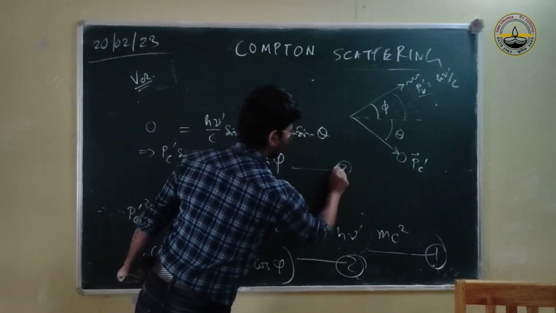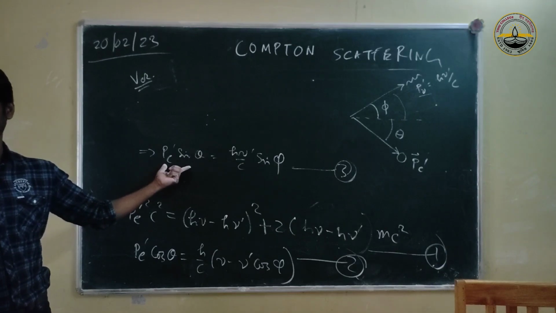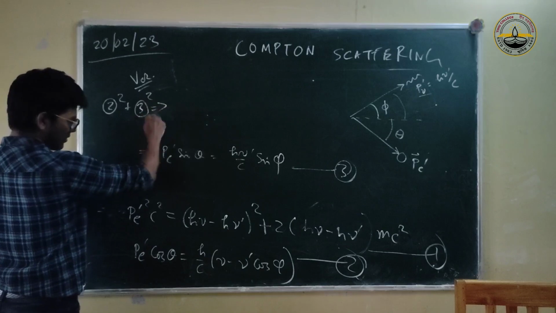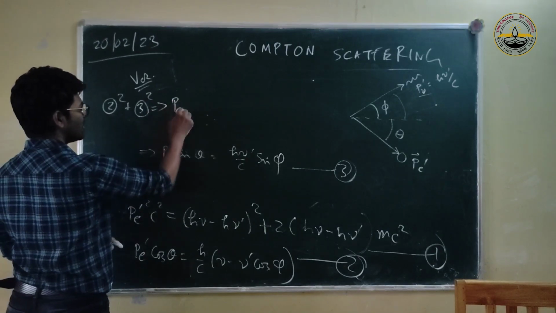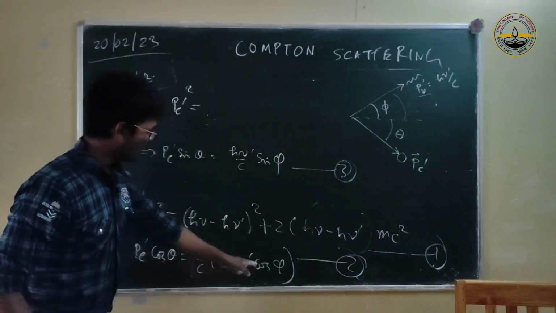Let's call that 3. Here we have p e prime cos theta, here we have p e prime sin theta. 2 square plus 3 square equal to, we'll just have p e prime square, right?